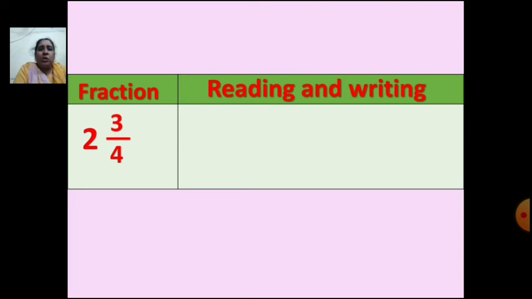So what is the question here? 2 and 3 upon 4. Okay, fraction is 2 and 3 upon 4. Now how you are going to read and write it? Okay, so you have to write in words first. And 3 upon 4 you say, but what you write for 3 upon 4?